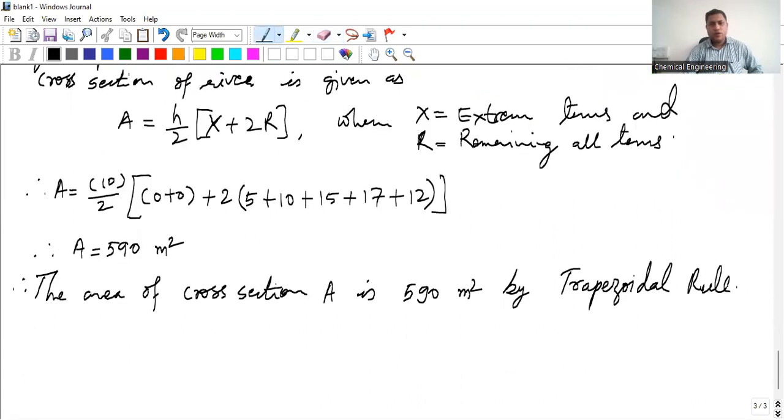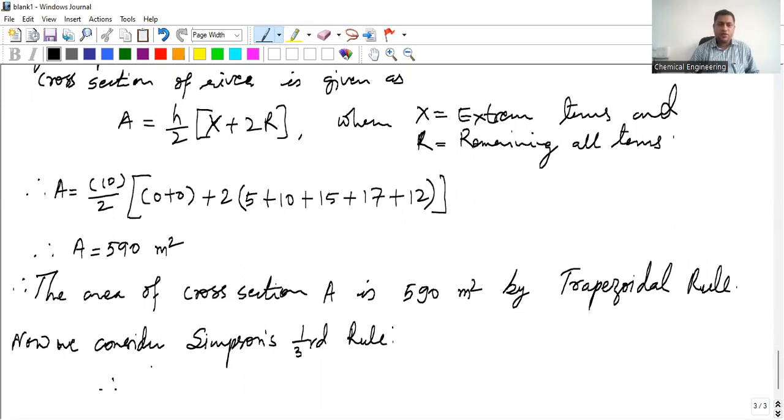Now we have to think of the next. We consider Simpson's 1/3 rule.